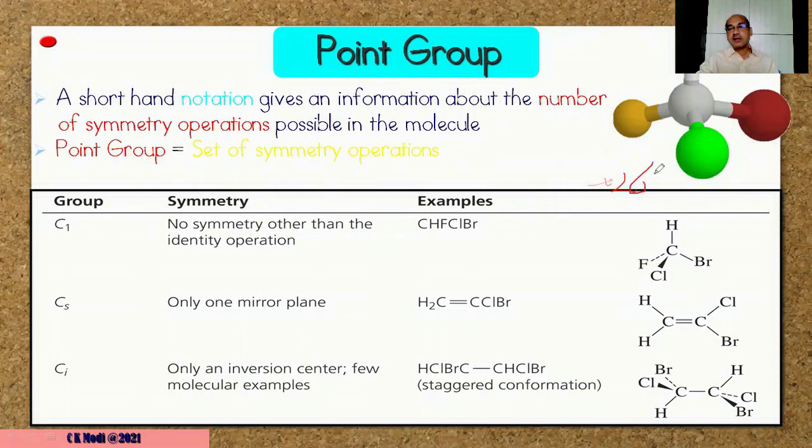Therefore, this is symbolized by C2V. So that point group is called C2V. Okay. Now look at some examples.